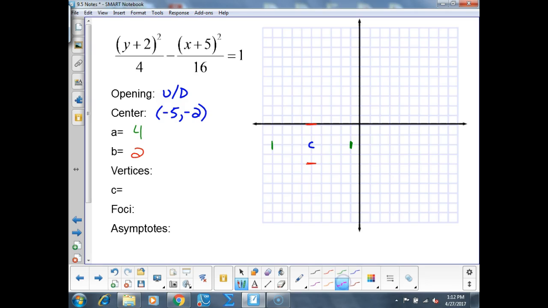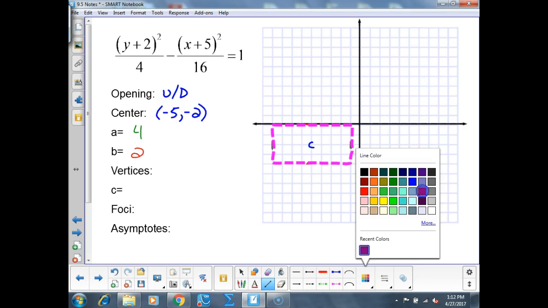That allows us to draw in our box. That allows us to draw in our asymptotes.